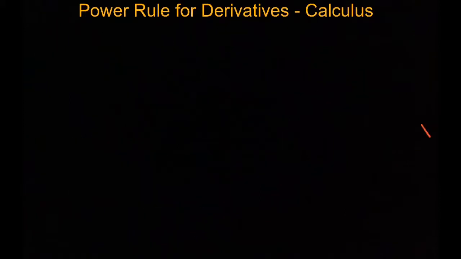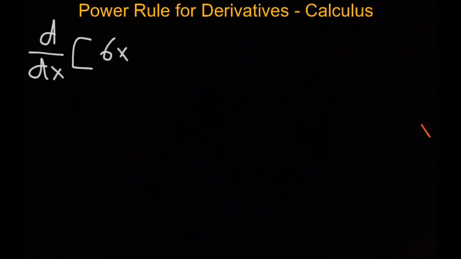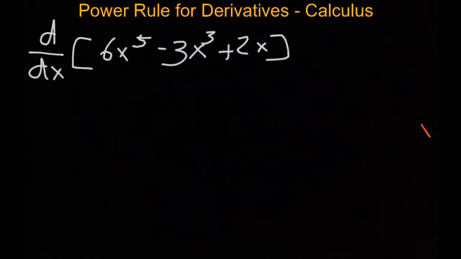Let's try another question. Find the derivative of 6x to the power of 5 minus 3x to the power of 3 plus 2x. So our n value for 6x is 5, n value for 3x is 3, and here would just be 1.